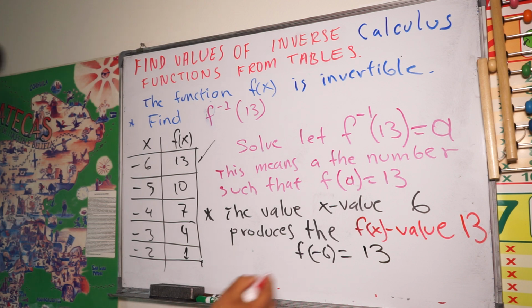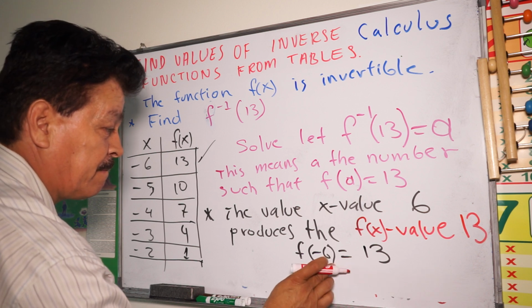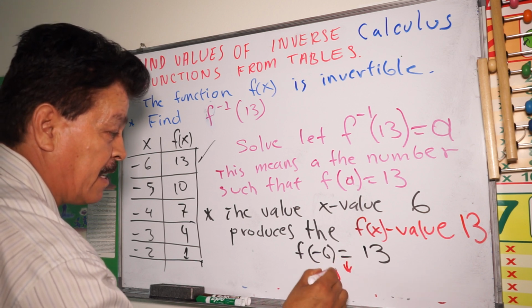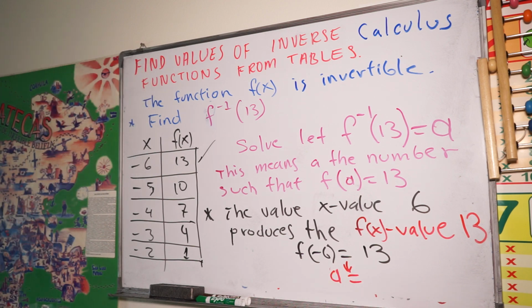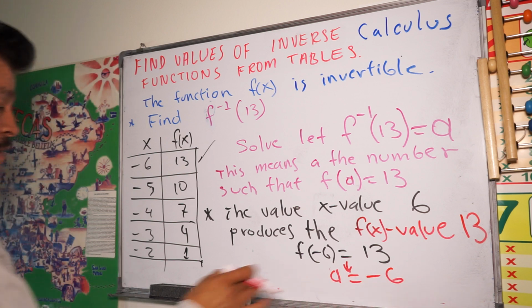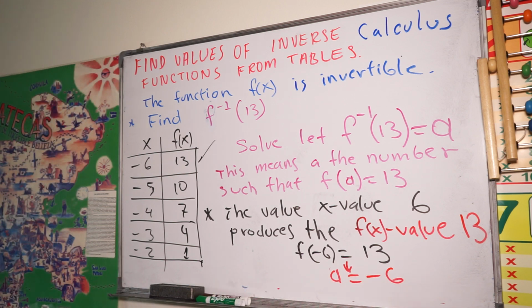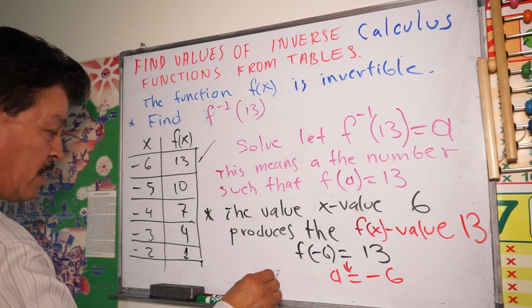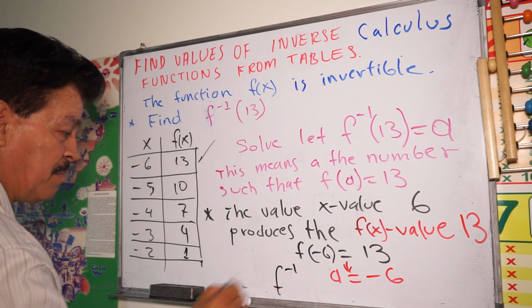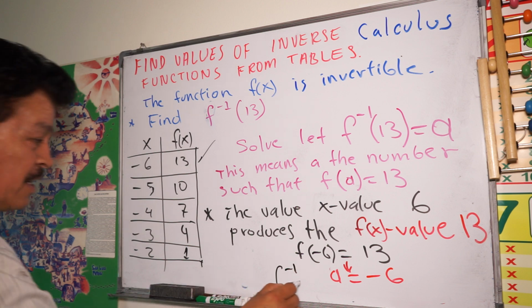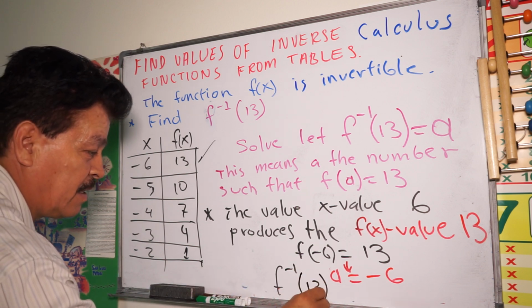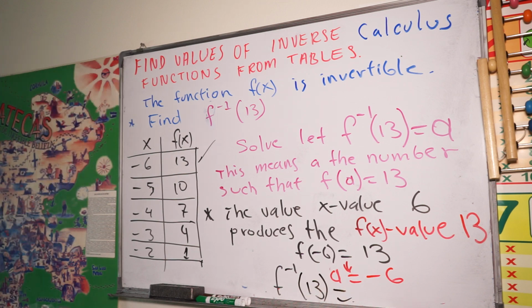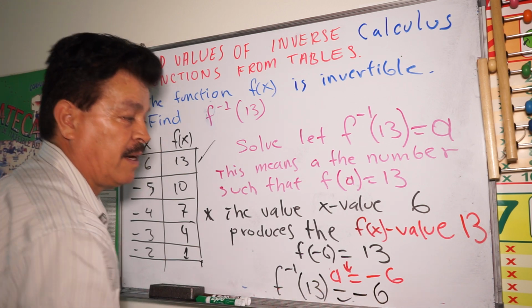So now, a is equal to minus 6. Therefore, f inverse of 13 equals negative 6, right?